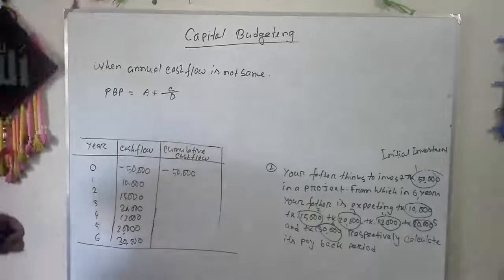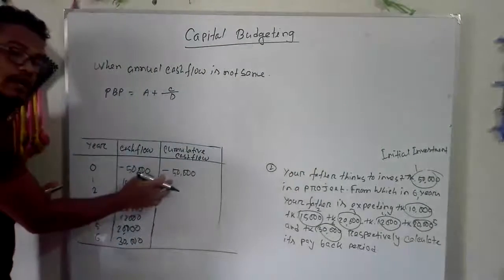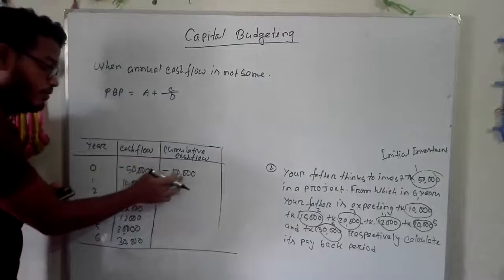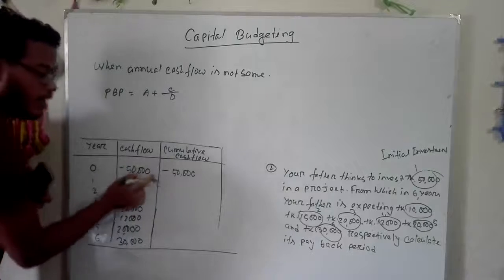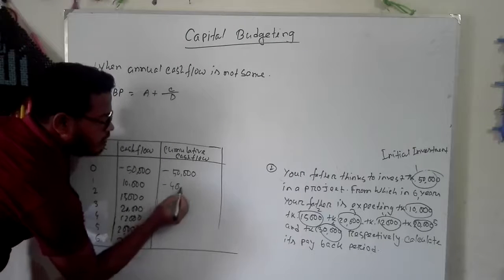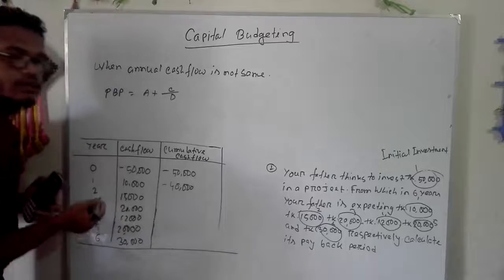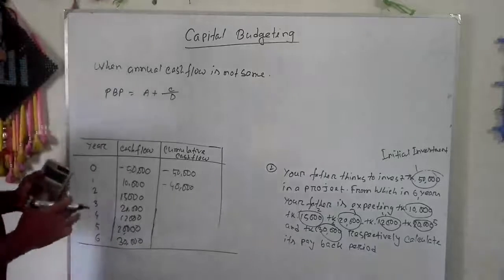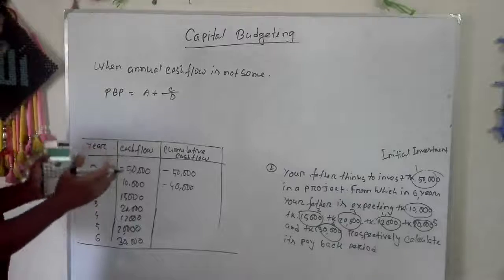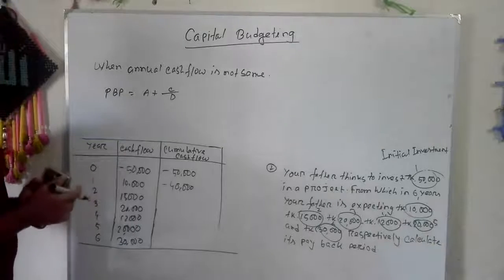Here, when I add minus 50,000 plus 10,000, I get minus 40,000. In this way, I add each year's cash flow.